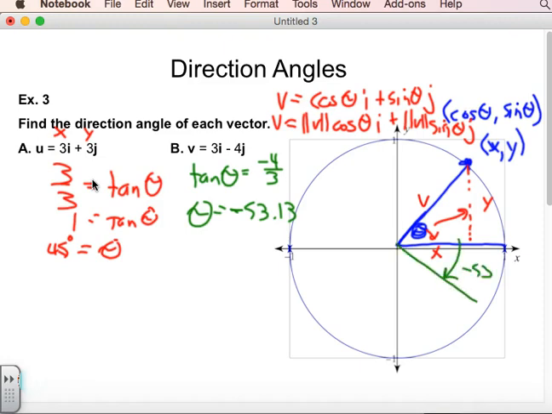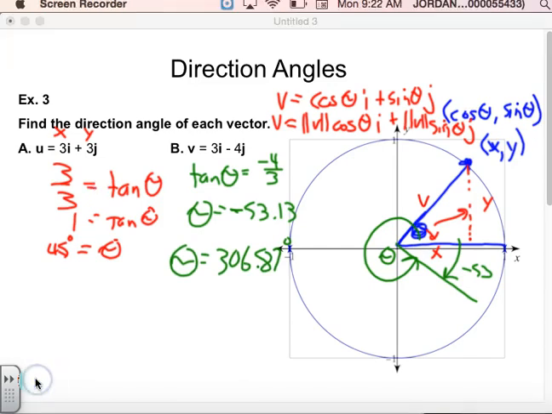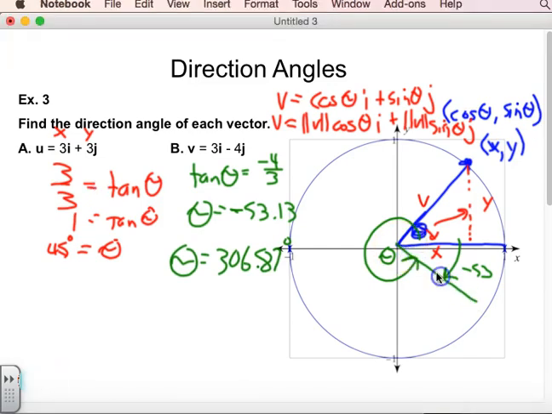So what's the actual positive angle? If we add 360 to that to get the positive value of this angle, that's what we want to find for theta, not a negative angle. So when we add 360, we get 306.87 degrees.